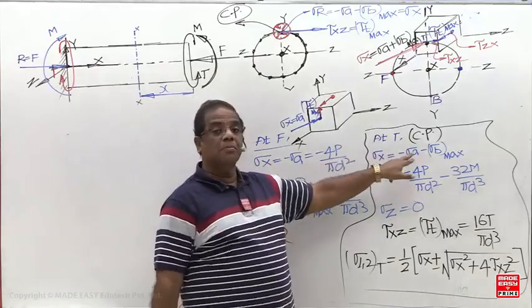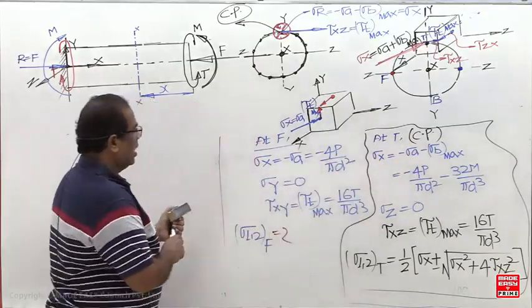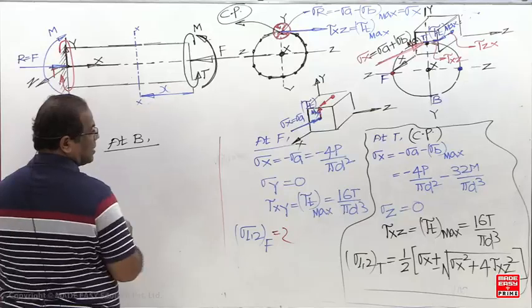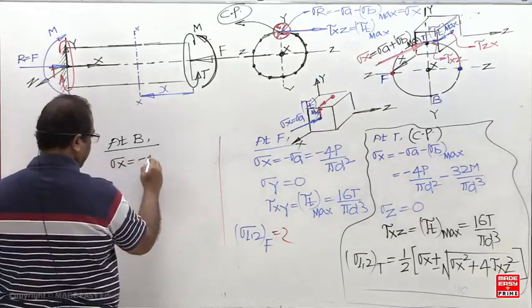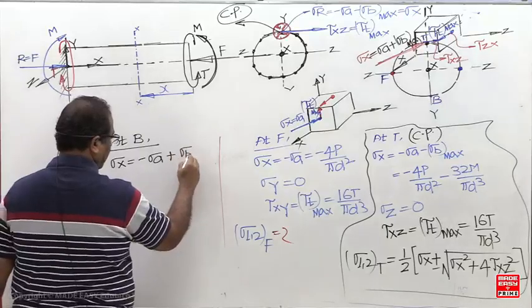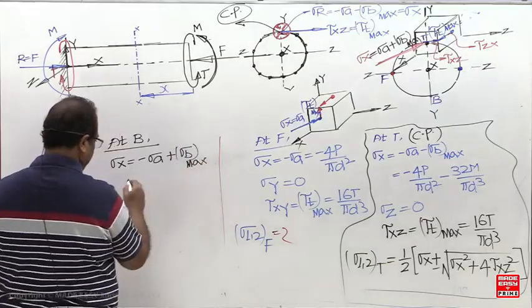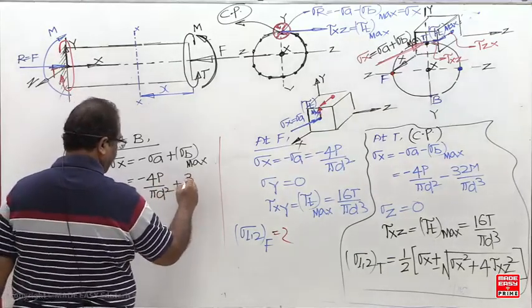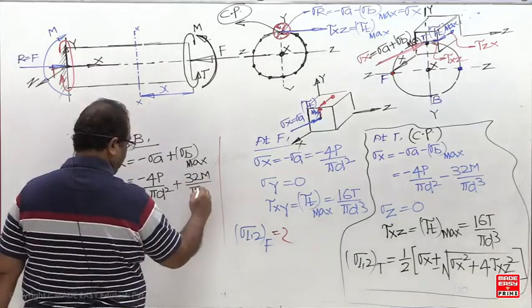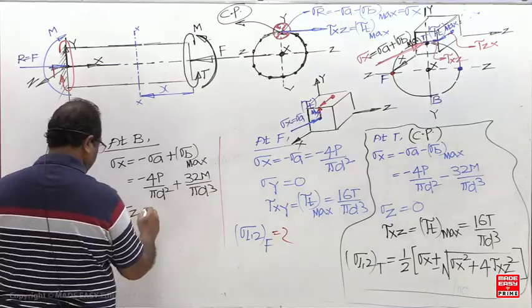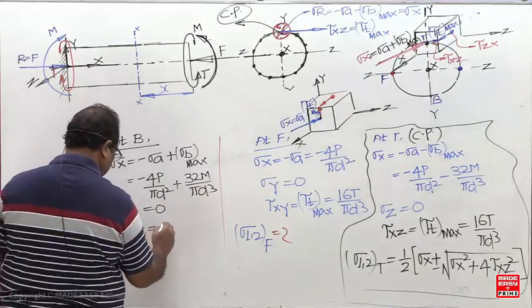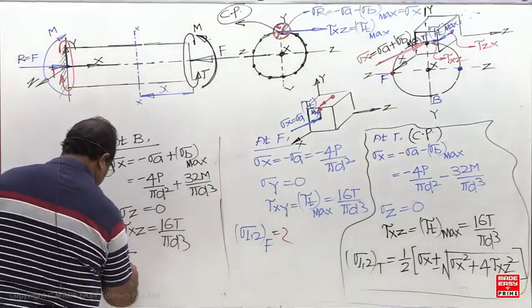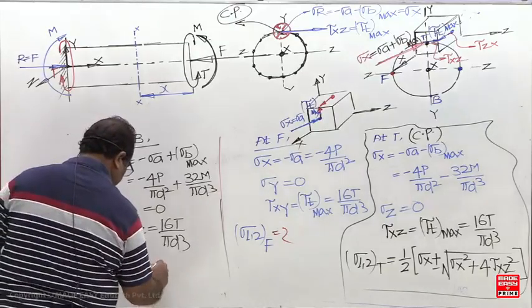So the change is minus sigma A plus sigma B max, and the remaining is the same.